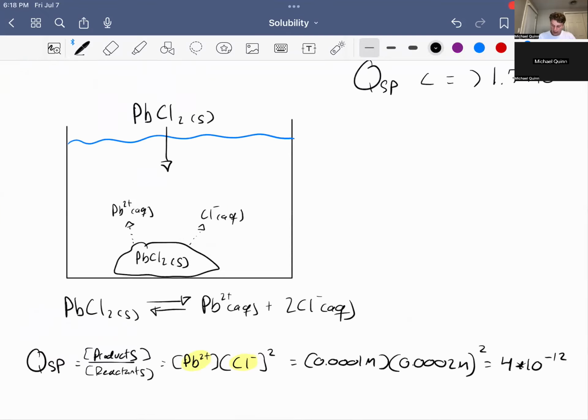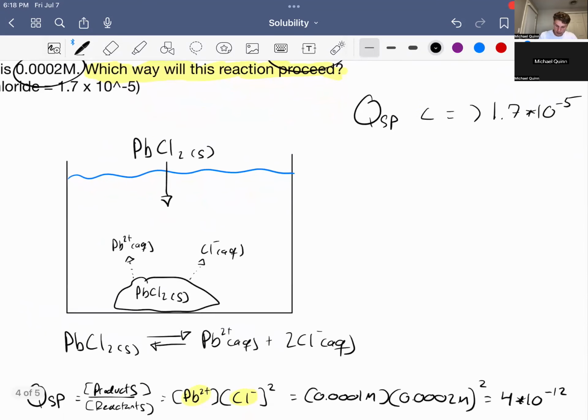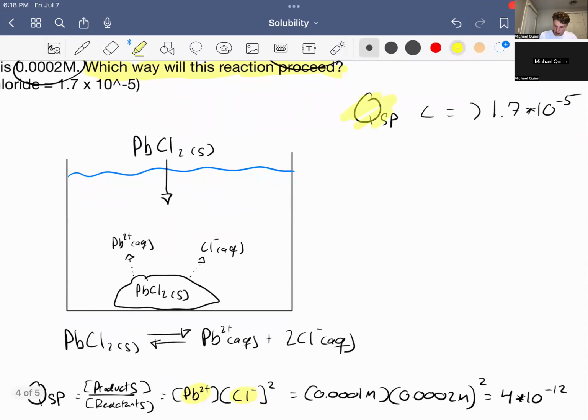So what we can see is Qsp is equal to 4 times 10 to the negative 12, which is less than 1.7 times 10 to the negative fifth. So we can see that Qsp is less than Ksp.